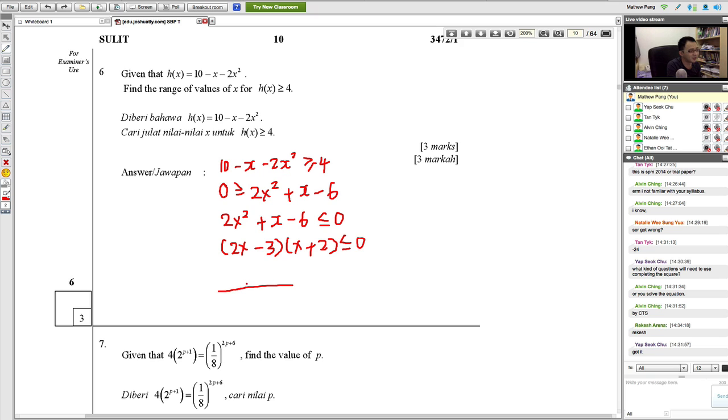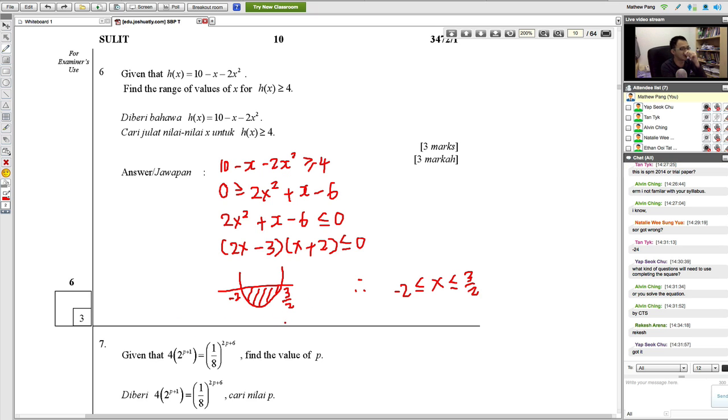For a quadratic inequality, you always need to sketch out the graph, and less than or equal to 0 is something below here. So of course you have to understand your values. x plus 2 gives you negative 2, and 2x minus 3 gives you the value 3 over 2. So I know my x should be between negative 2 and 3 over 2 because it's between here.